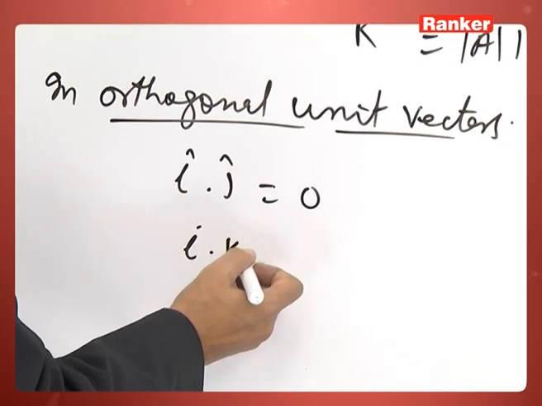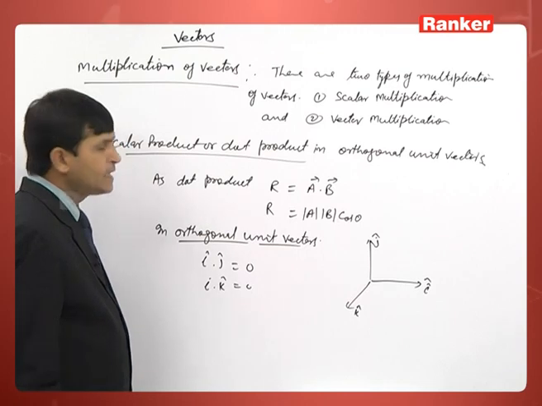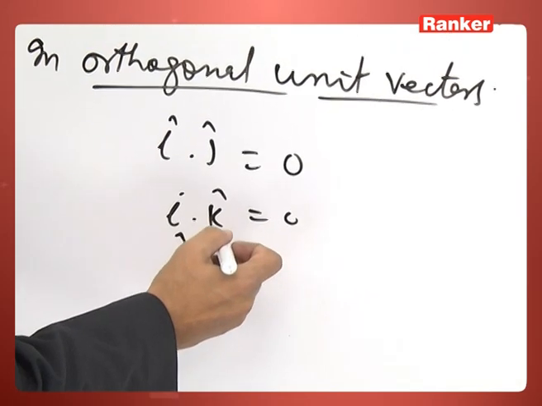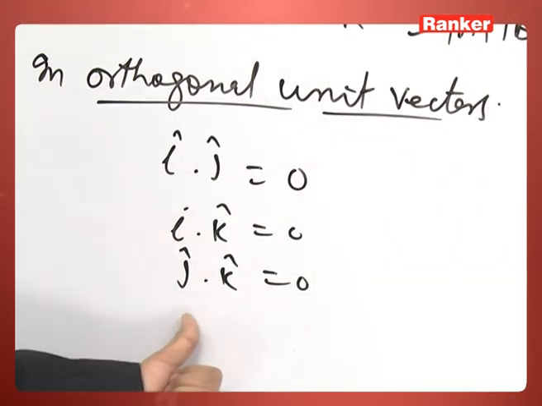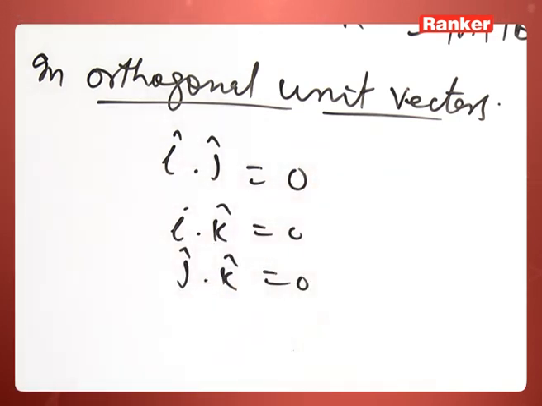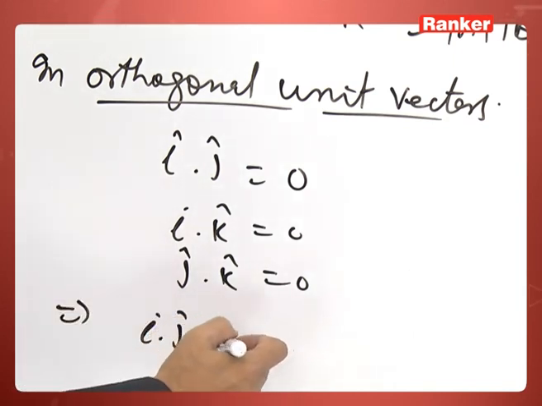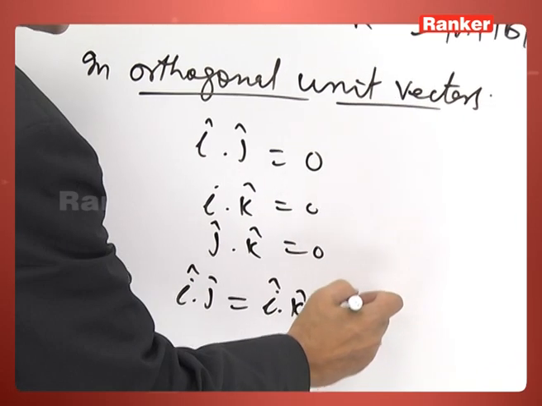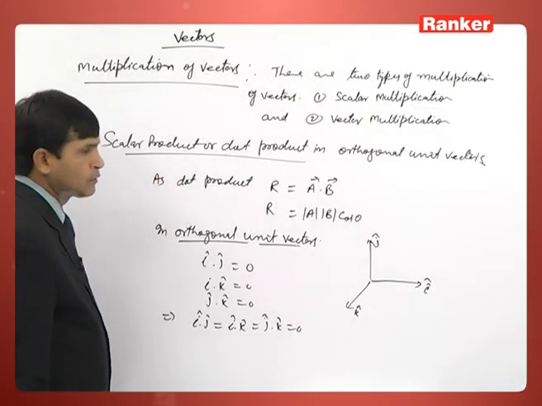Similarly, i dot k is also 0, and j dot k as well. It means for any two different unit vectors, their dot product will be 0. So, i dot j is equal to i dot k is equal to j dot k, all will be 0.